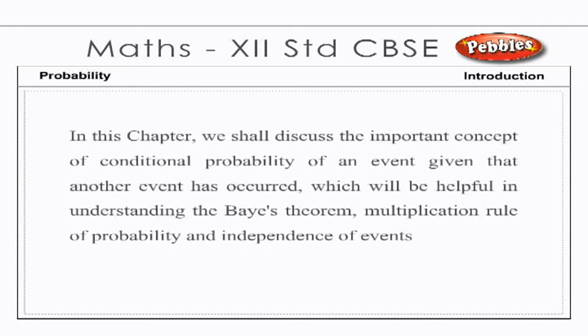Introduction. In this chapter, we shall discuss the important concept of conditional probability of an event, given that another event has occurred, which will be helpful in understanding the Bayes' theorem, multiplication rule of probability, and independence of events.